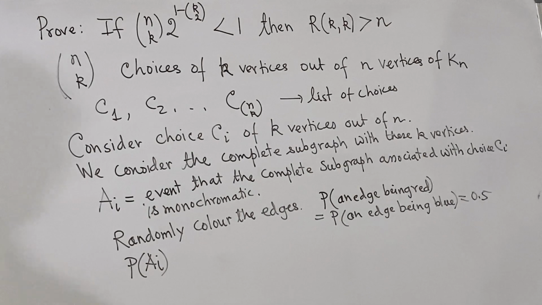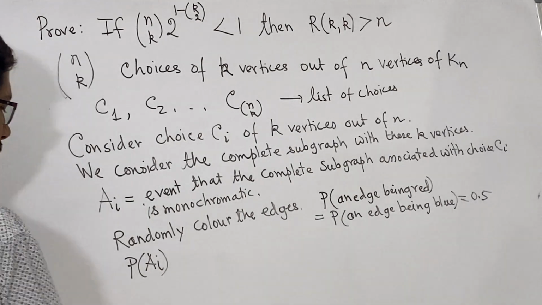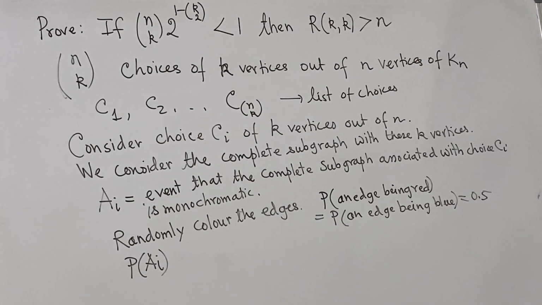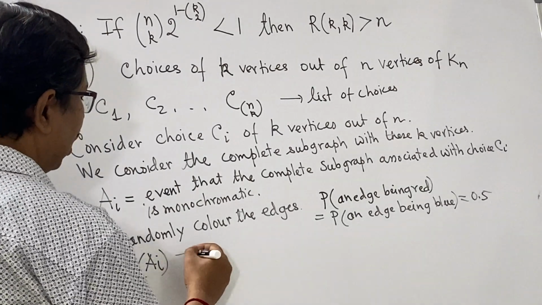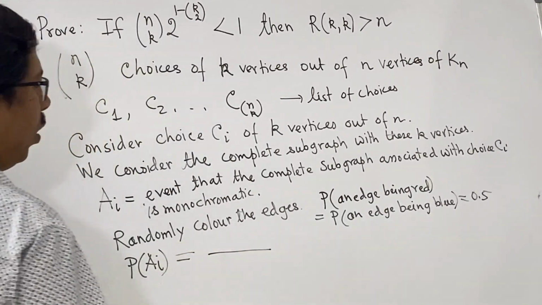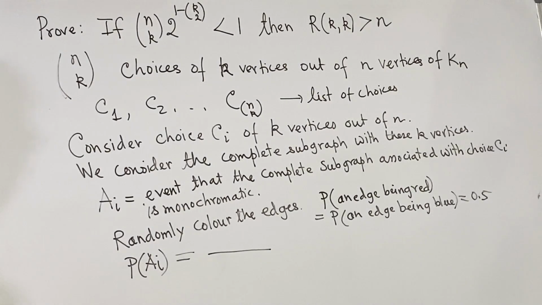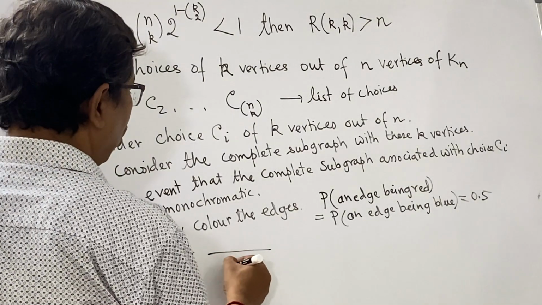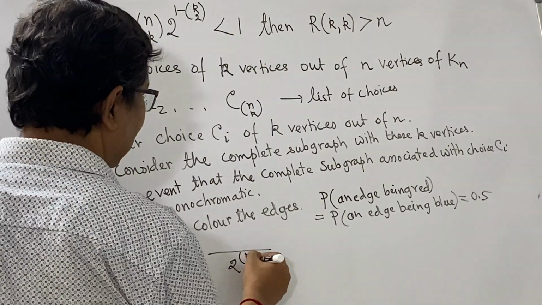Now we try to compute the probability of the event Ai. Since this is a simple exercise in classical probability, all outcomes being equally likely because of the random coloring process that we are using, the total number of ways in which this coloring can be done is 2 to the power kC2.